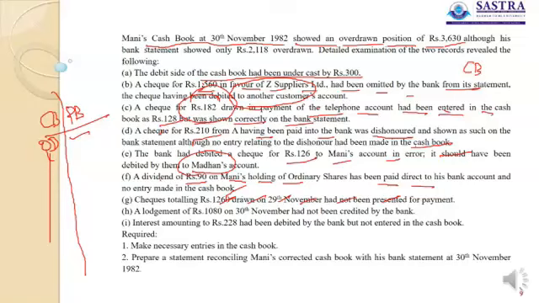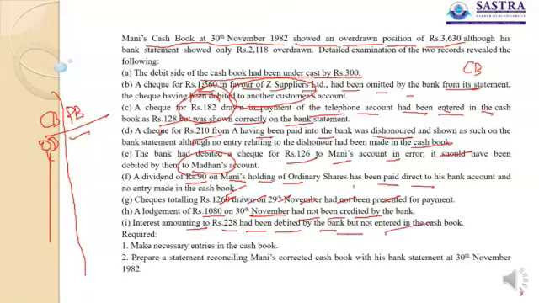These were issued as payments, and the payees would not yet have remitted them into their bank account for collection. A lodgement of 1080 on 30th November had not been credited by the bank. And interest amounting to rupees 228 had been debited by the bank but not entered in the cash book.